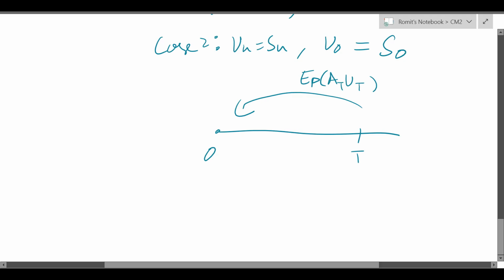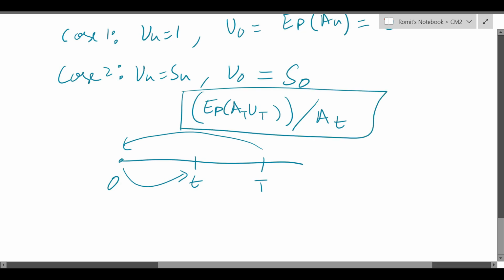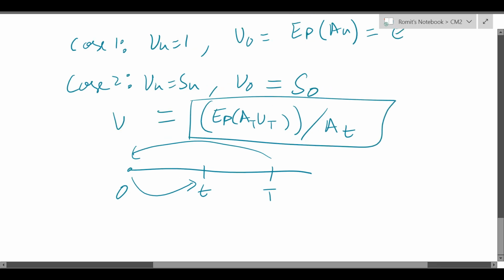But what if you want to get it to a certain time t? Then you take this, but you also divide by A_t, the state price deflator value at time t. So to discount, you were multiplying with the deflator. But if you want to accumulate to time t, you divide this whole expression by A_t. So you are accumulating till a time small t, and this will give you V_t.